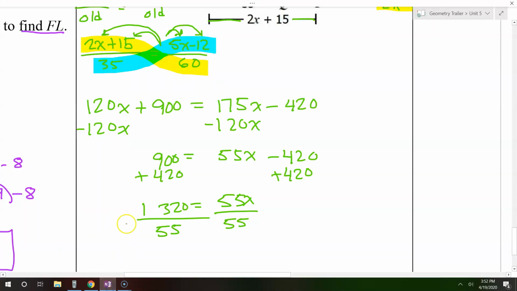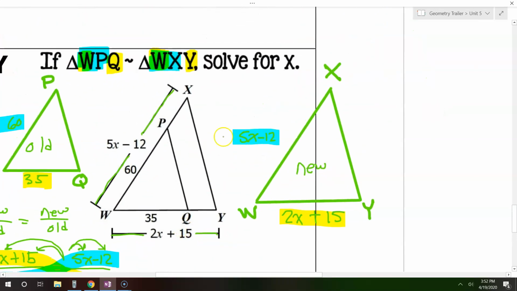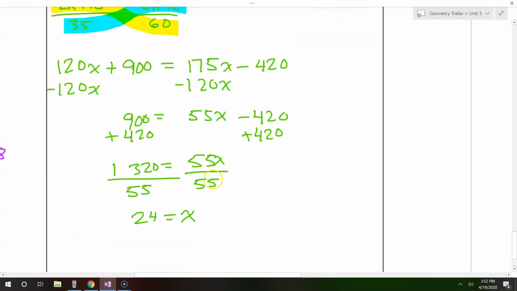And you get 24. Okay, that's the final answer since they just wanted us to solve for x.